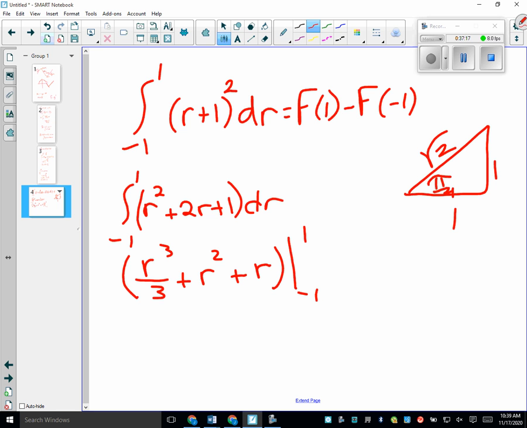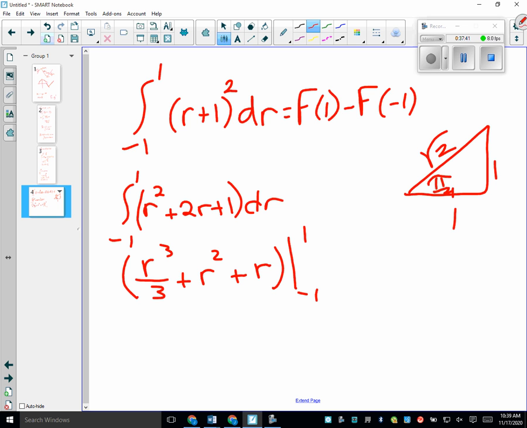It's just r squared, because the 2 times 1/2 is 1. Now, plug in 1. When I plug in 1, do I get 7/3?